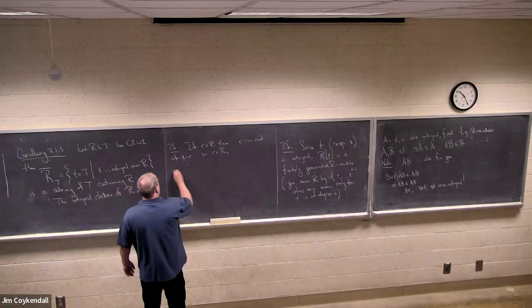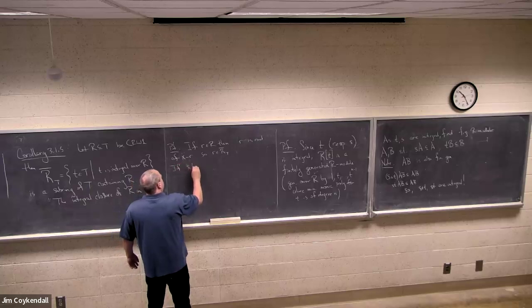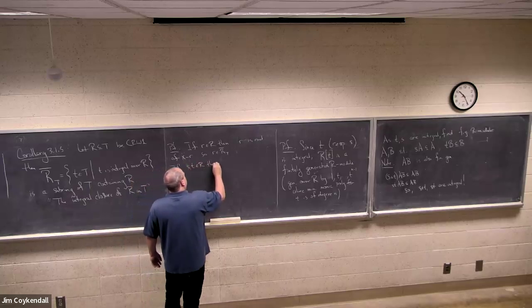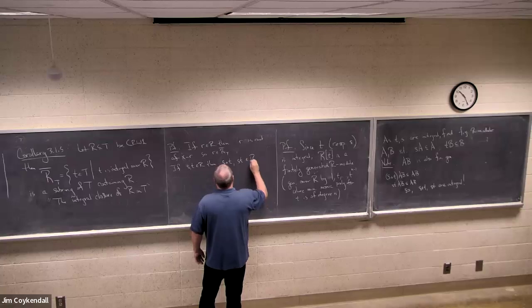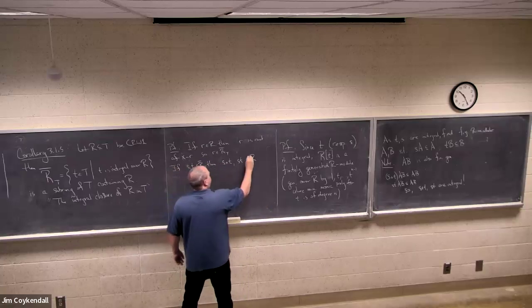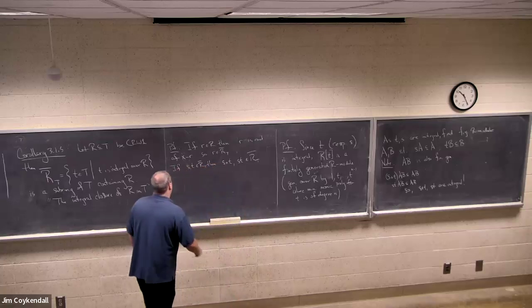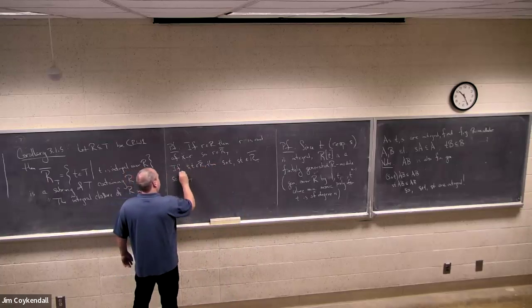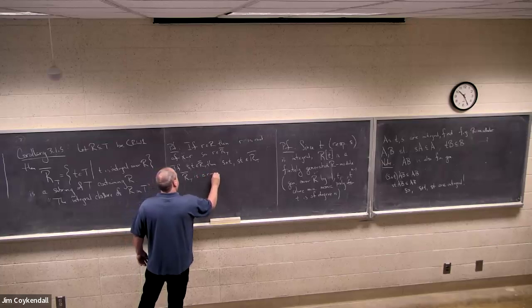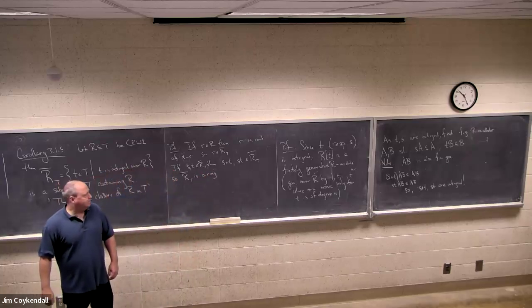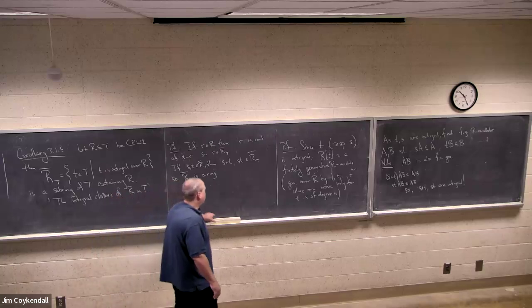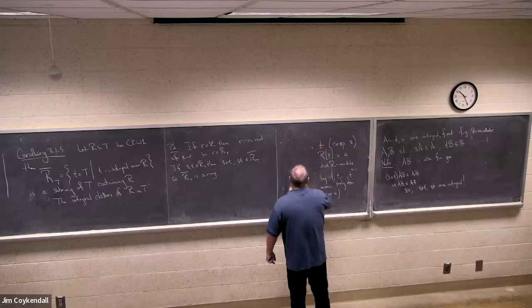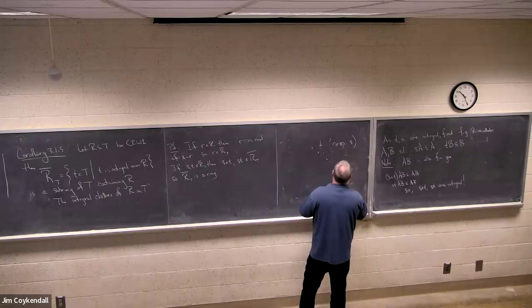But notice if S and T are in R bar sub T, then S plus T and ST are in that R bar sub T. This is really cool because it's not really clear at all, I think at the beginning, that if I have two elements that are roots of a monic polynomial over some ring, that all such elements will form a ring.